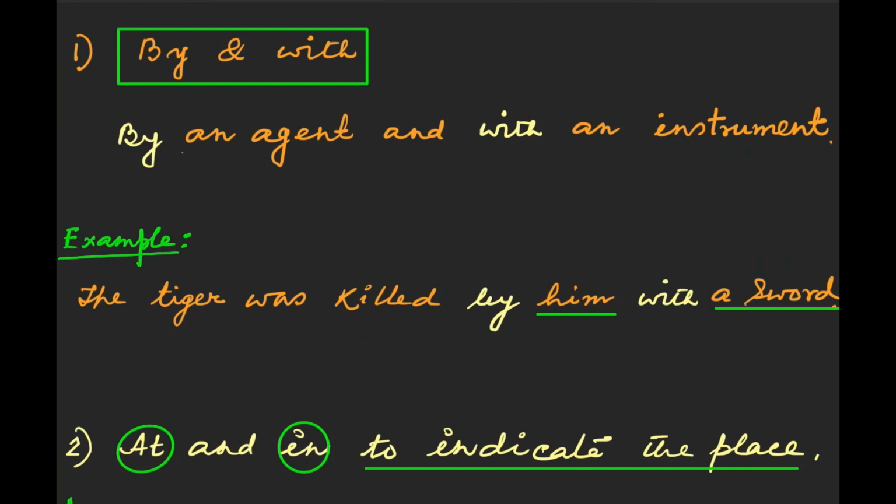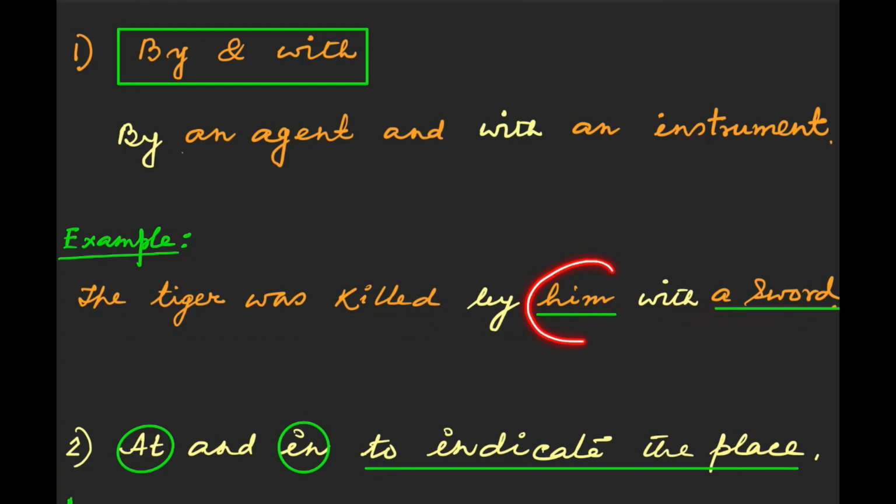First, see the use of by and with. By is used before the agent or doer, and with is used before the instrument. By an agent and with an instrument. Now see the examples, then your idea will be clear. The tiger was killed by him with a sword.